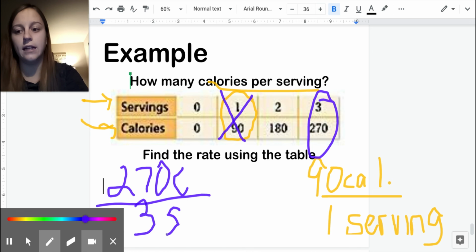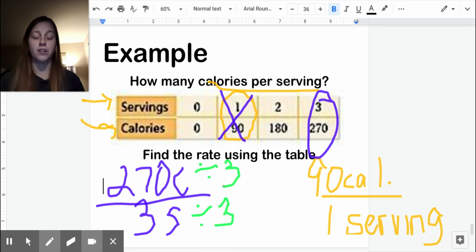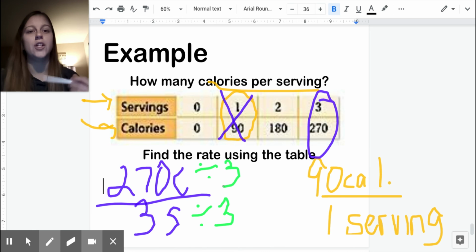I would calculate to find the unit rate by dividing both of these by 3. 270 divided by 3 is 90 calories. 3 servings divided by 3 is 1 serving. So sometimes it'll be really nice and have the unit rate in the table, and you just have to pull it out of the table and rewrite it. Other times, you're going to have to do the math and the calculations.